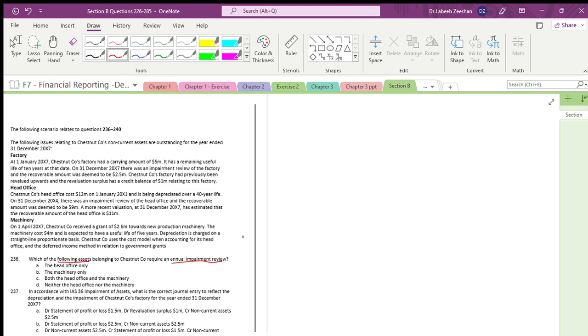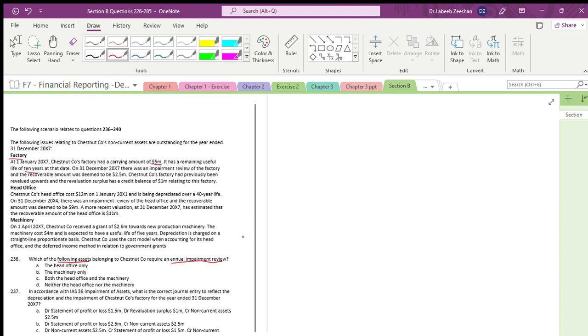The following issues related to Chestnut's non-current assets are outstanding for the year ended 30. First we talk about the factory. At January 1st, 2007, the Chestnut factory has a carrying amount of 5 million, with a remaining life of 10 years.